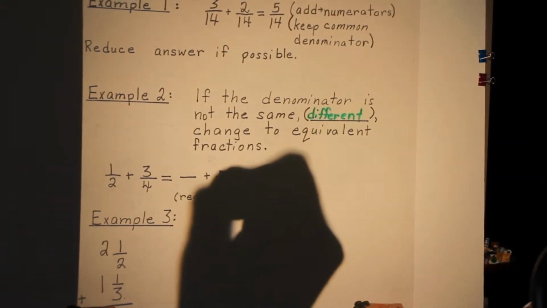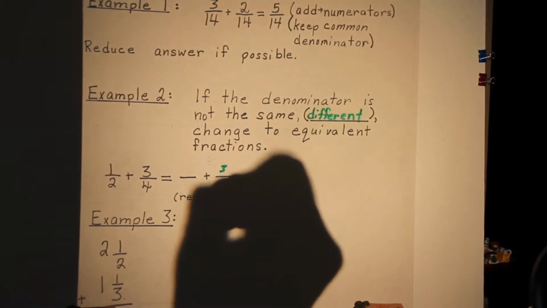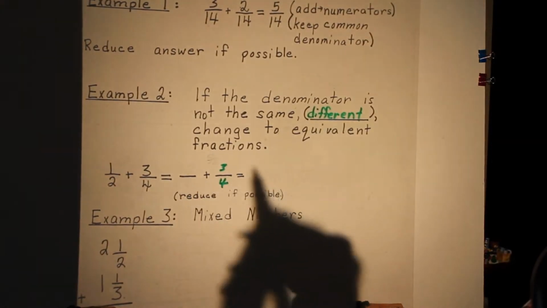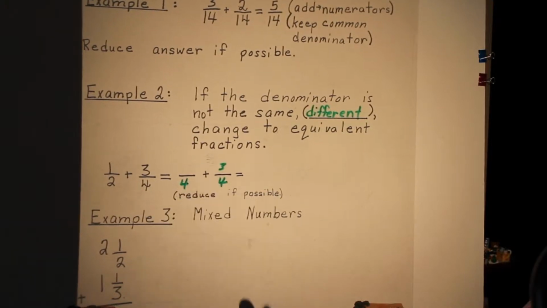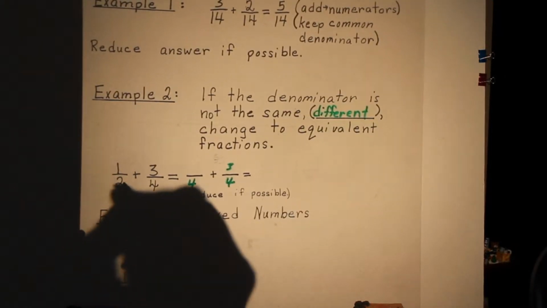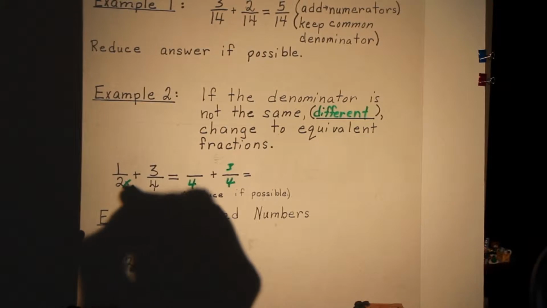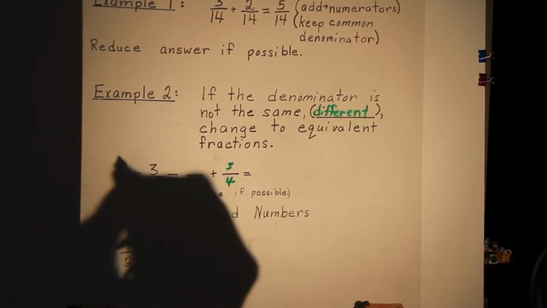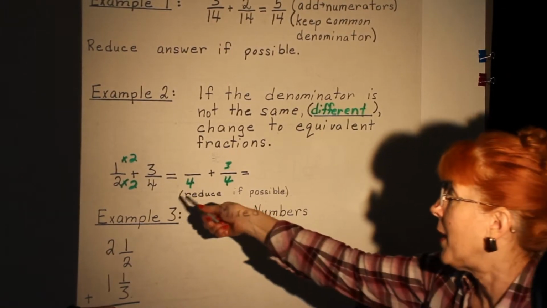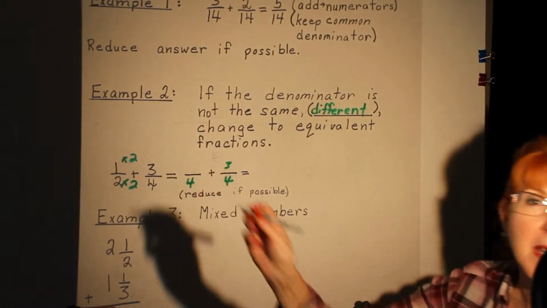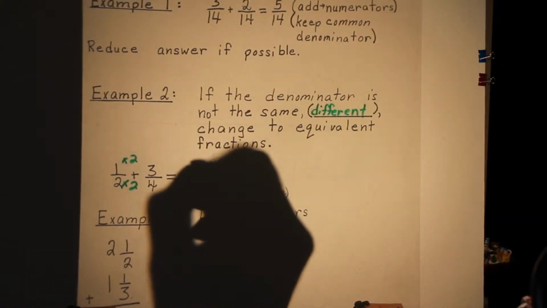So it will be 3/4. And half, if we change this to a 4, 2 times 2 gave me 4, so 1 times 2, because whatever you do to the bottom of a fraction, you have to do the same to the top. So 1 times 2 will be 2.